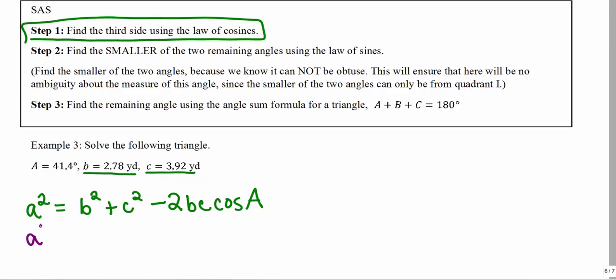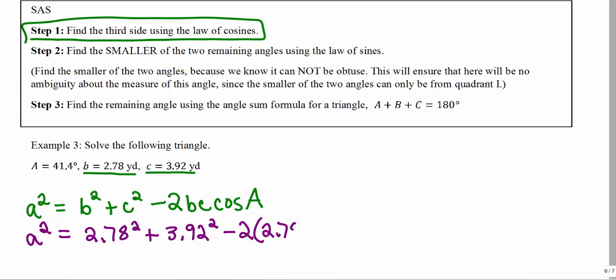What's nice about solving for a side is we can just keep the formula exactly as it is. We're going to plug in side B squared plus side C squared minus 2 times B times C times cosine of angle A. And we actually know what angle A is, 41.4 degrees.